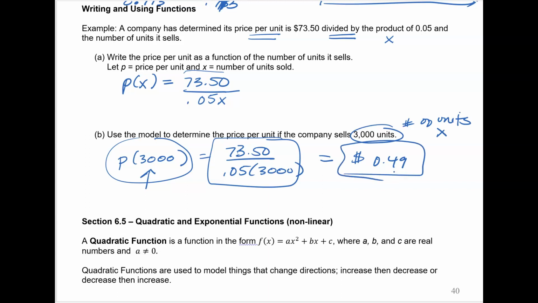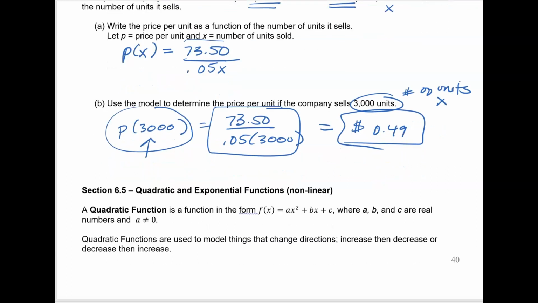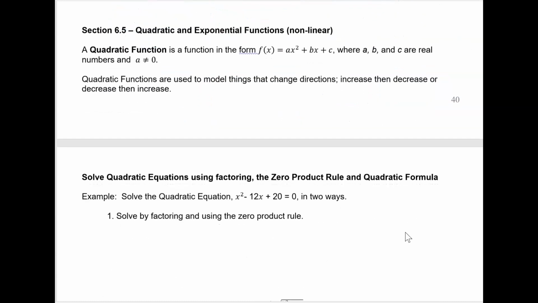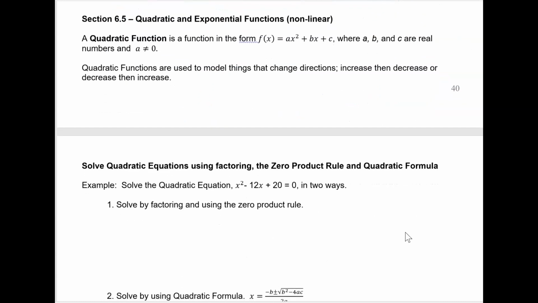Okay, so let's look at section 6.5. So 6.5 is on quadratic and exponential functions. They are not linear. Let's start and talk about quadratic. So this is going to be just the important parts, just a quick review or overview of what a quadratic function is.